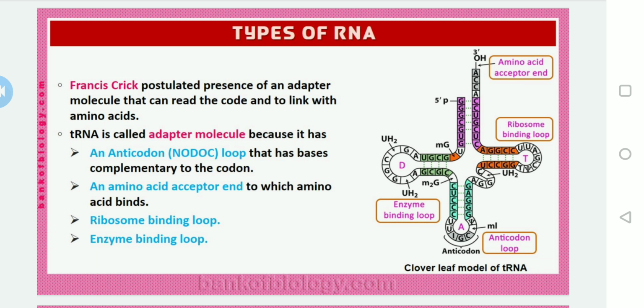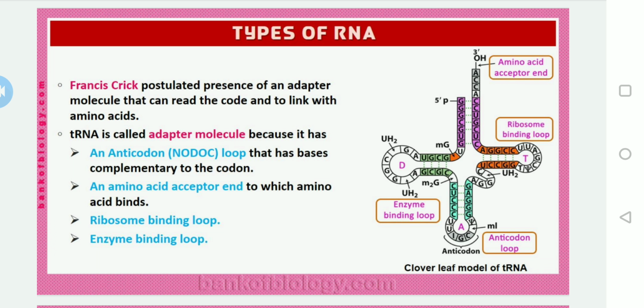Since tRNA carries an amino acid attached to it, that amino acid is coded by a codon present on messenger RNA. Remember, it has an anticodon loop with bases complementary to the codon, an amino acid receptor end to which the amino acid binds, a ribosome binding loop, and an enzyme binding loop.